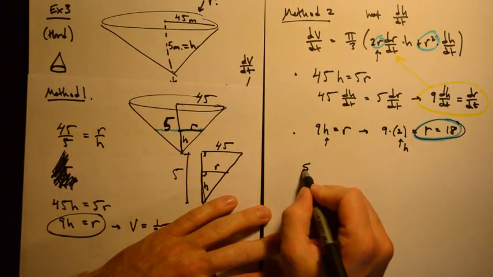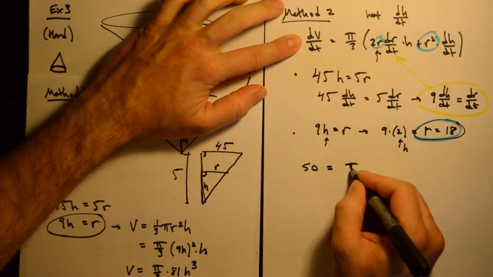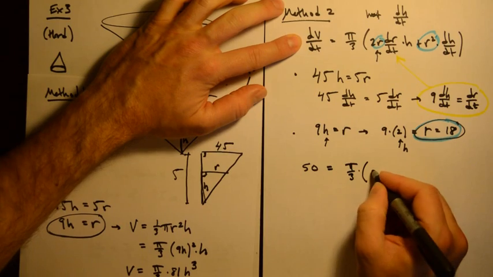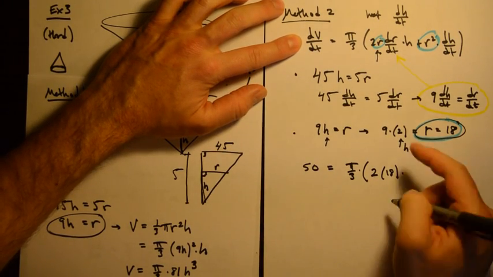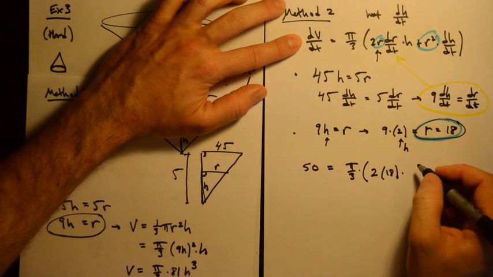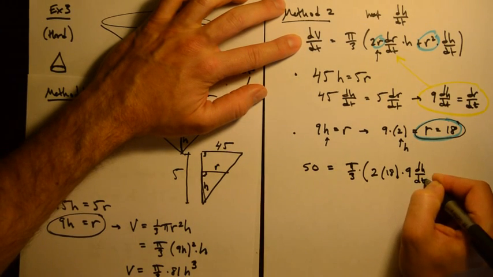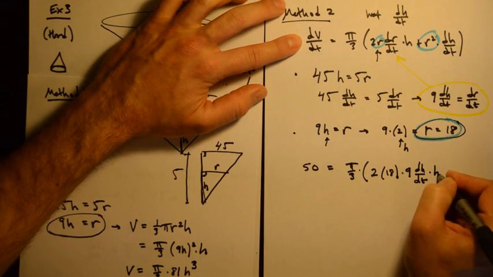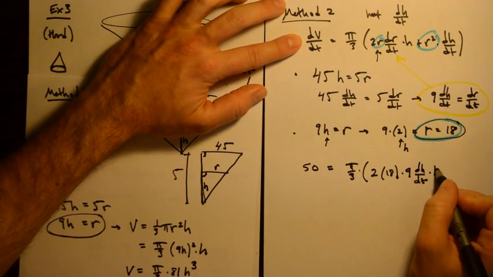So we'll have 50 is dV/dt, which is going to be equal to pi over 3 times 2r times dr/dt, which is 9 dh/dt, so times 9 dh/dt times h, and h is actually equal to 2, so we can replace that right away.